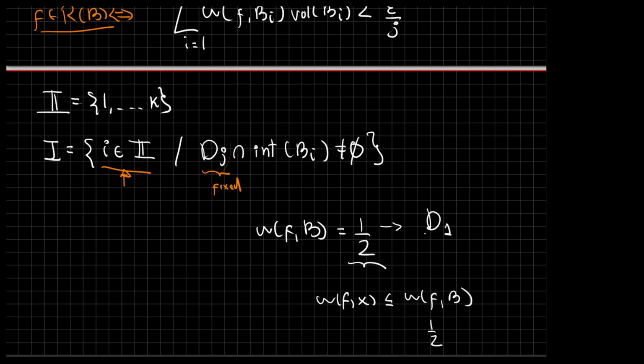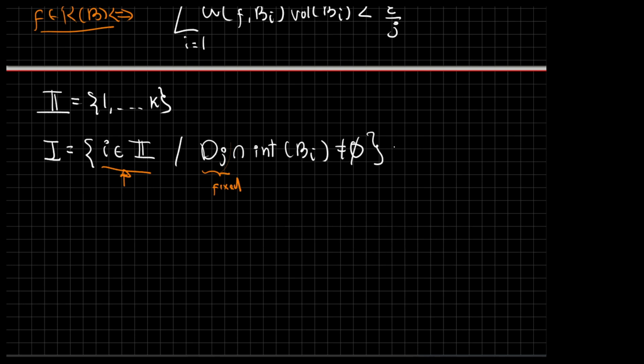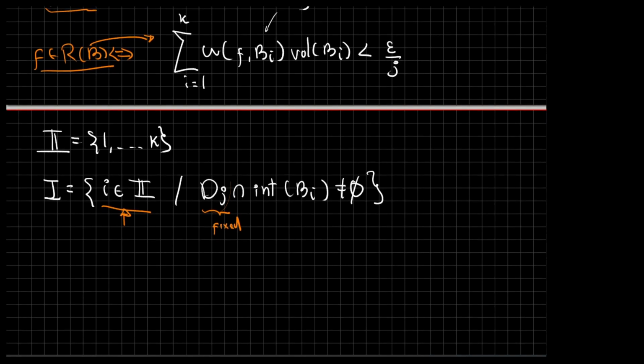So we have half here, and this cannot be greater than 1. So this could be empty, but for some values it will be different from the empty set.